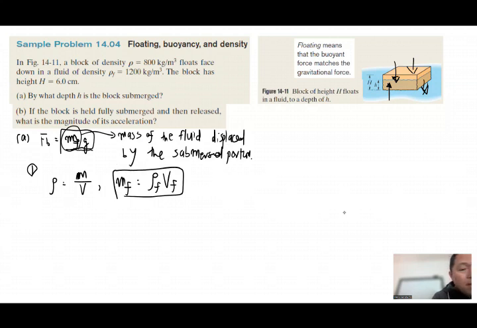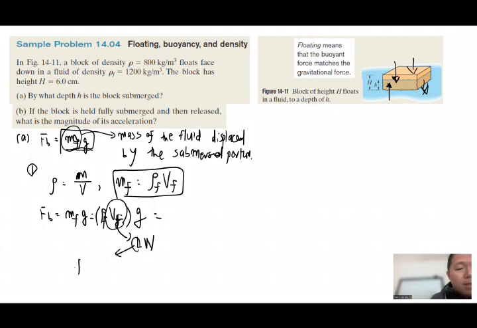So the buoyant force is m_f times g, which is ρ_f times the volume V_f times g. Here the volume V_f is the block's face area, length L times width W, times the submerged height h.